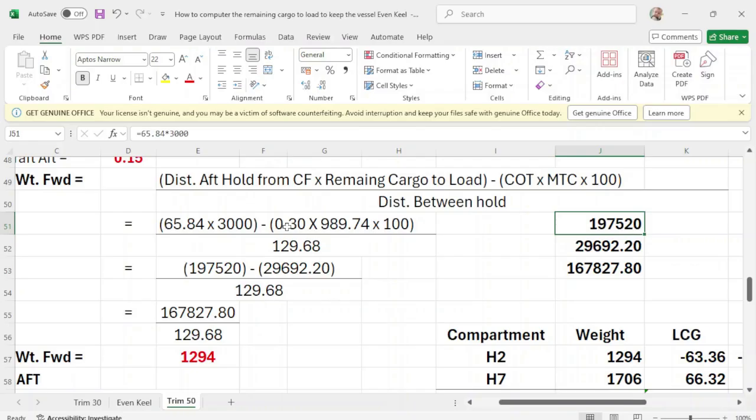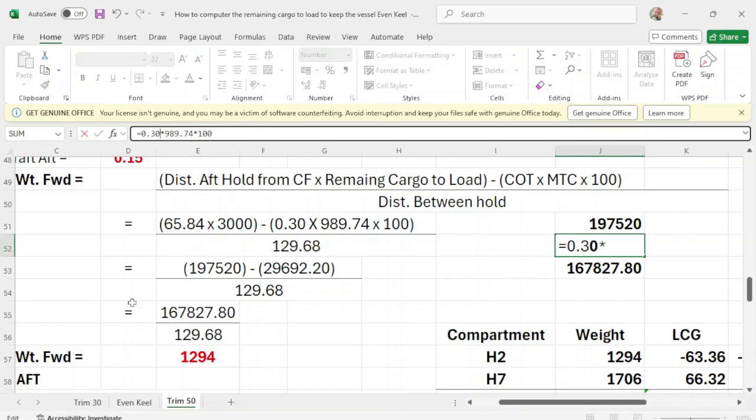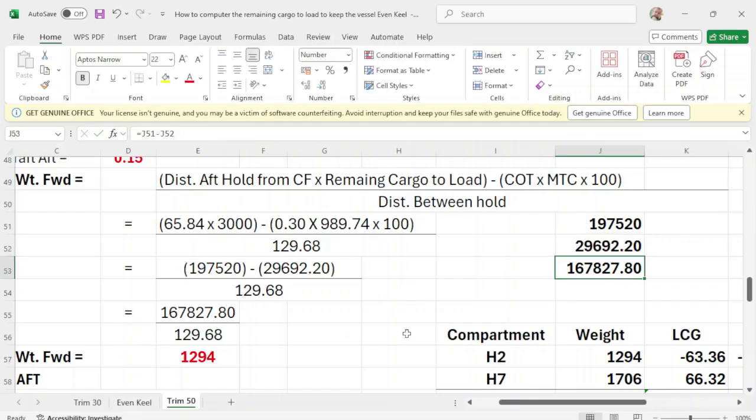Then we go to this equation. 0.30 times your MTC of 989.74 times 100, and the value is 2969220.